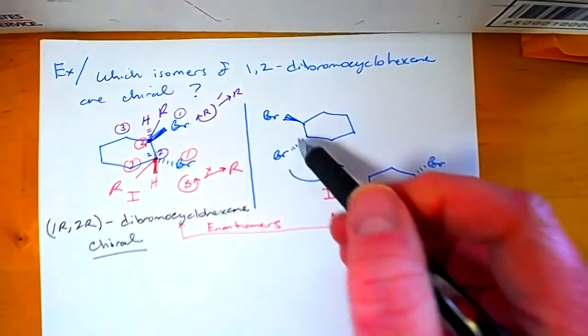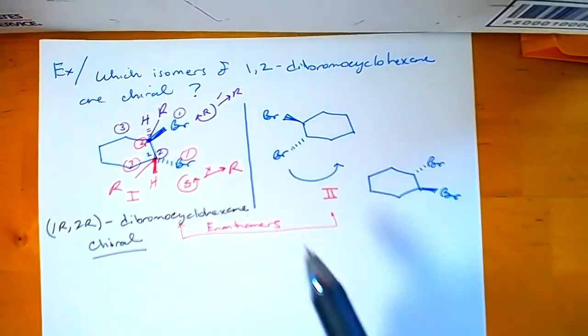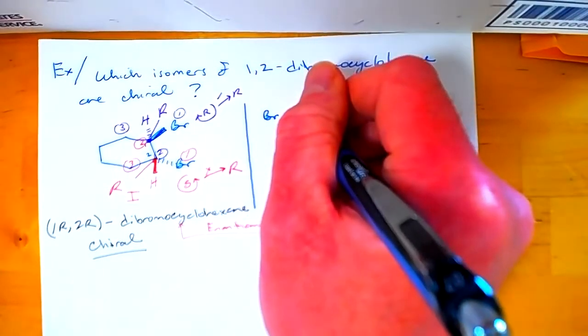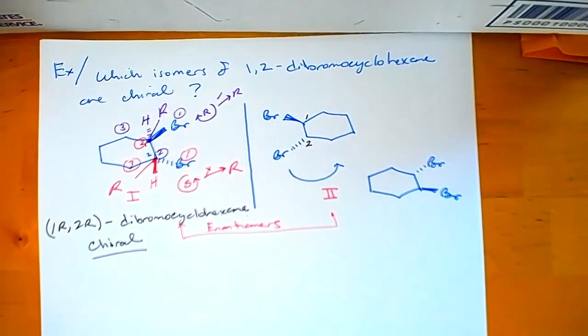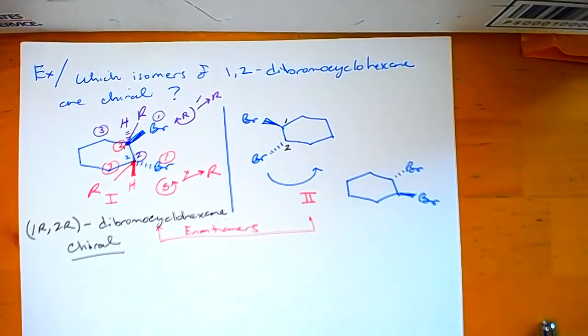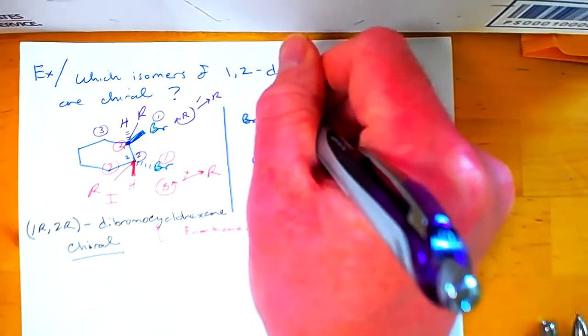Now, what do you think the configuration is going to be of these two centers right here? Let this be our number 1, and this be our number 2 here. And if you say those should be the opposite configuration, you would be correct. So if you quickly look at this, here's the hydrogen.